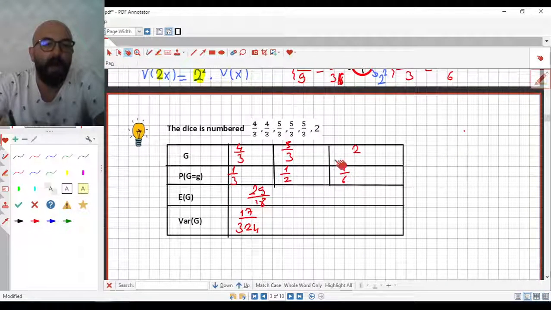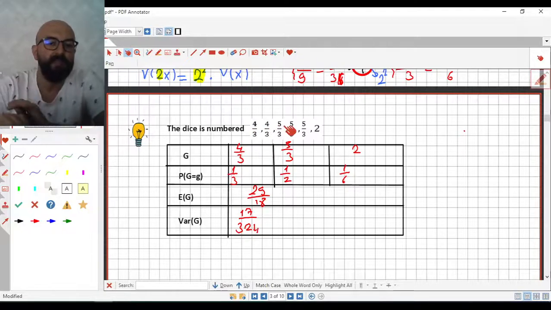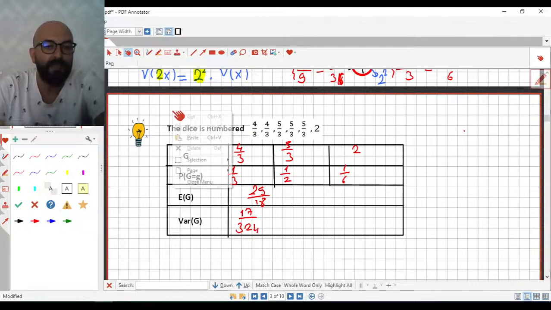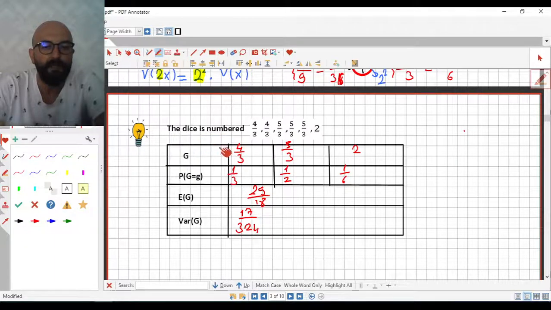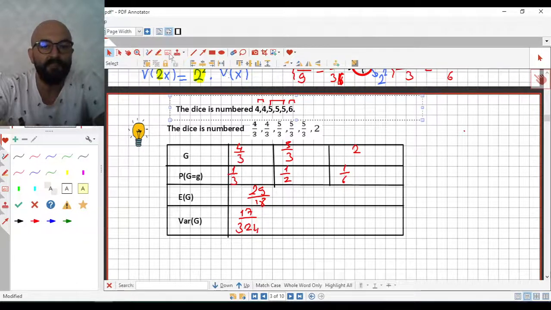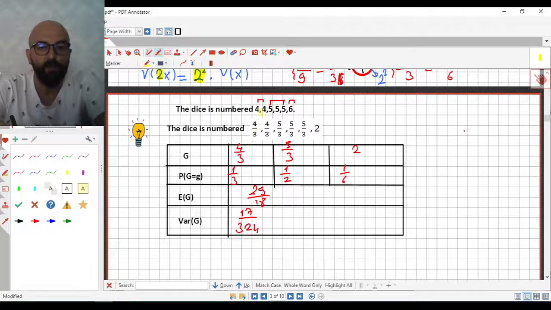And another example, our values are these values. If we compare them to the first values, please notice that we had 4, now we have 4 over 3. We had 5, now we have 5 over 3.